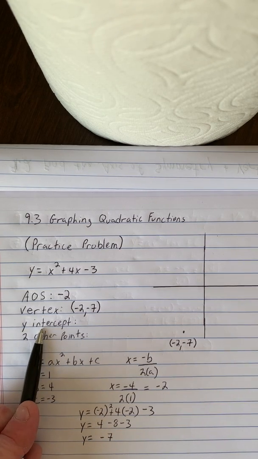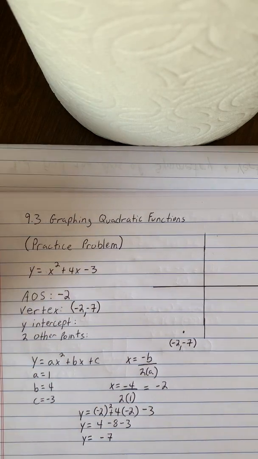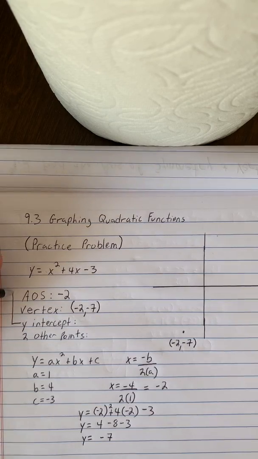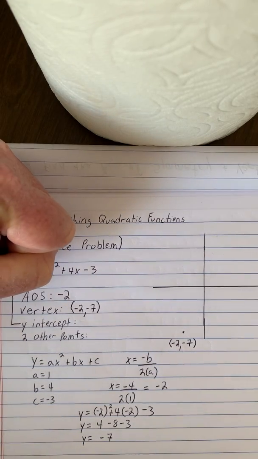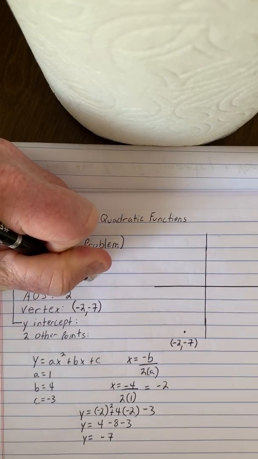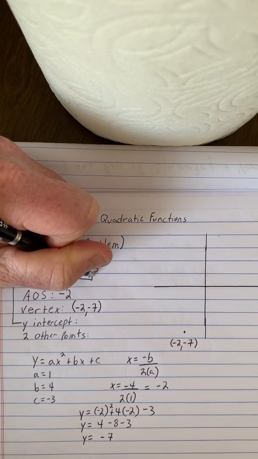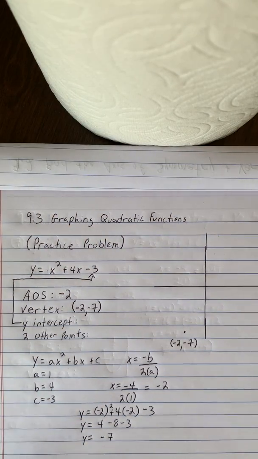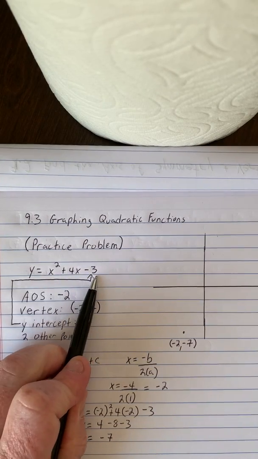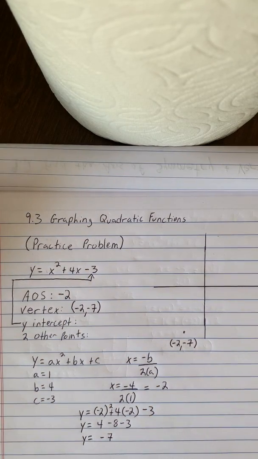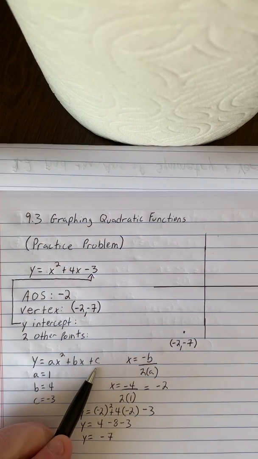Very sneaky y-intercept. Not difficult. Stay with me, because the y-intercept is always C. So the y-intercept on every standard form quadratic is sneaky C. It's this number always.